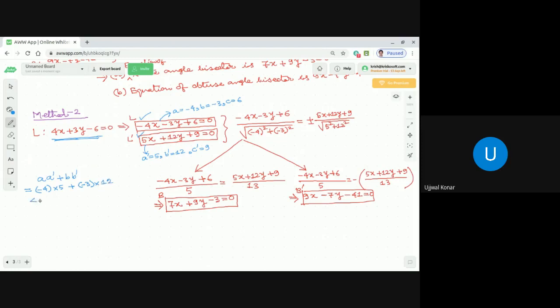Definitely this value is less than 0. Now as it is less than 0, we can say the acute angle bisector is 9x minus 7y minus 41 equal to 0.